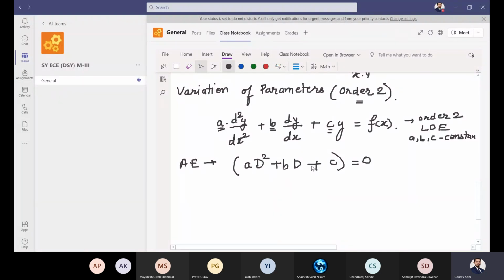So how many roots am I going to get here? For this auxiliary equation, what is the maximum number of roots that we can get? So 2. Since the polynomial is of degree 2, we are going to get 2 roots.